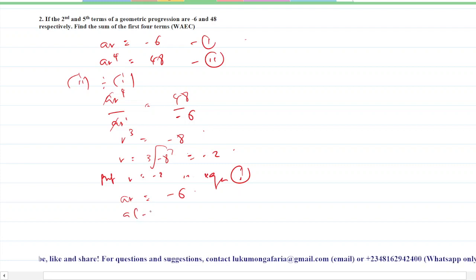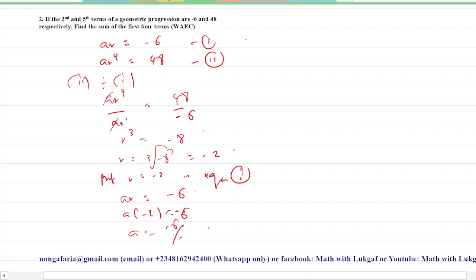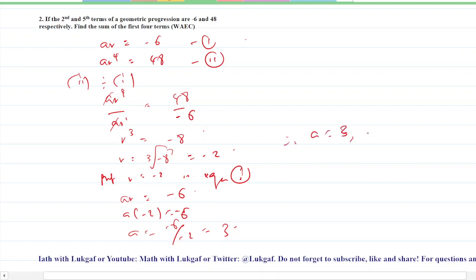That's A into -2 is -6, right? So then your A will now be -6 divided by -2, which is equal to 3. So A is 3 and R is -2.